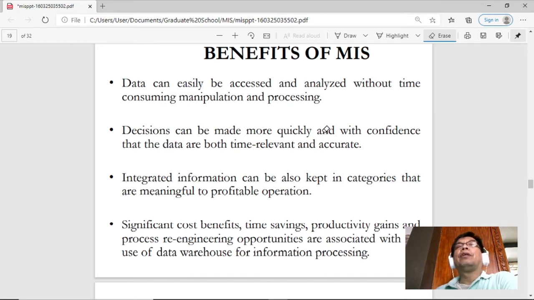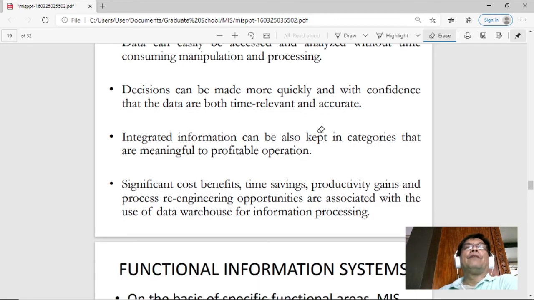Integrated information can also be kept in categories that are meaningful to profitable operation. So we can integrate data or information coming from the departments. Significant cost benefits, time savings, productivity gains, and process reengineering opportunities are associated with the use of a data warehouse for information processing.